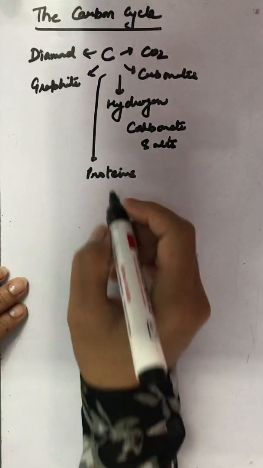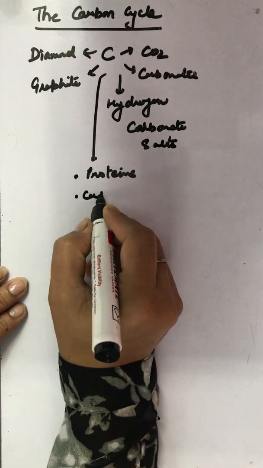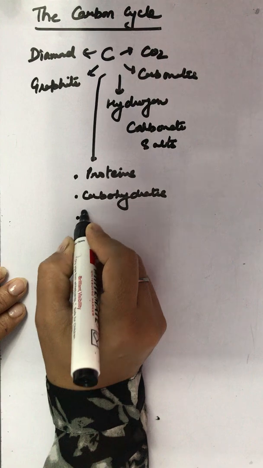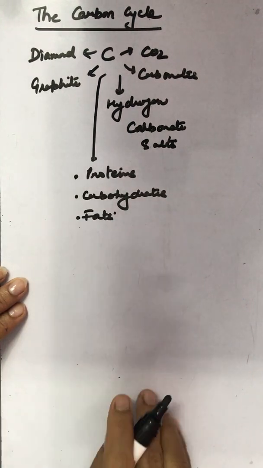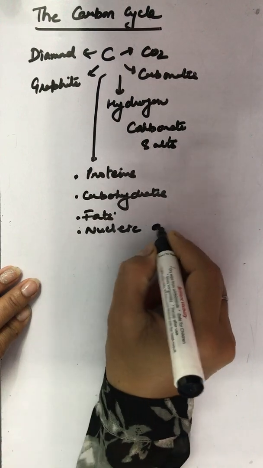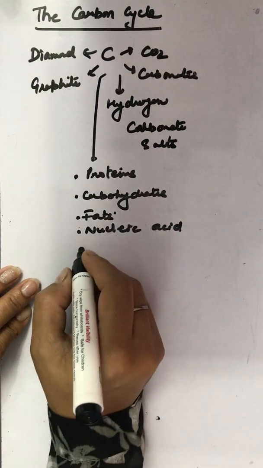the building blocks, then carbohydrates, then fats, right? Then nucleic acids, then we say vitamins.